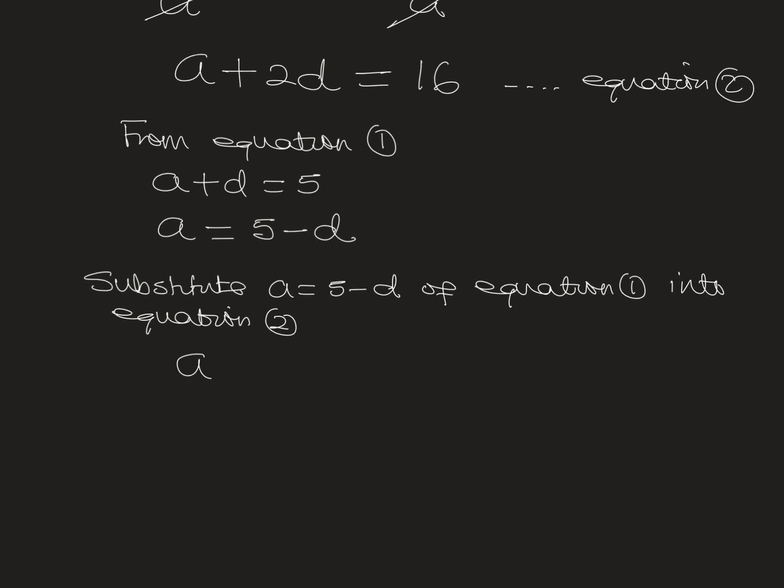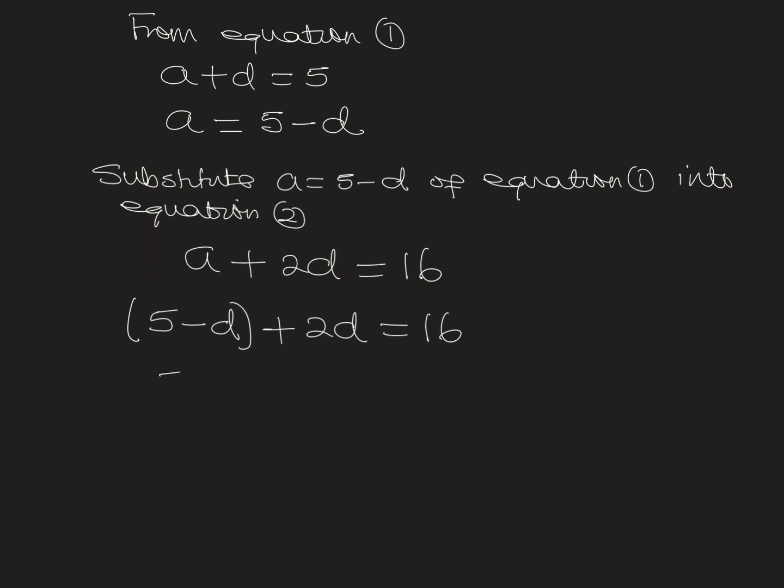Equation 2 is A plus 2D is equal to 16, and A is 5 minus D, so that is 5 minus D plus 2D is equal to 16.